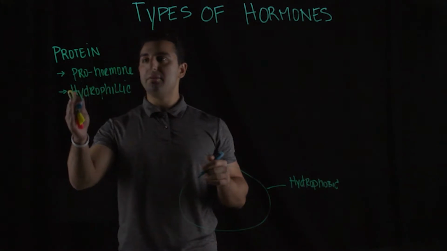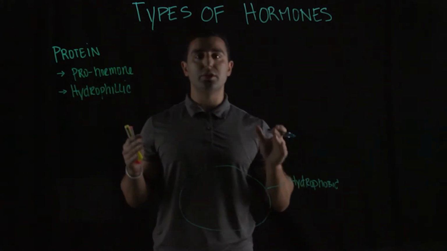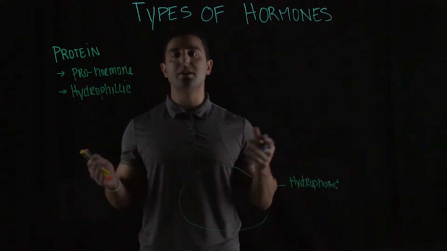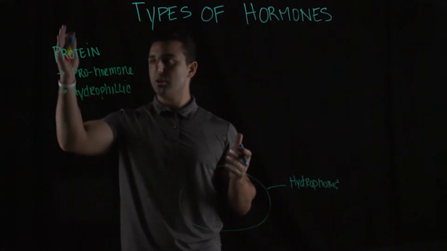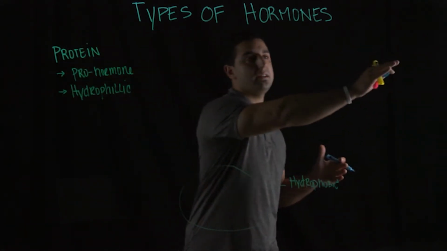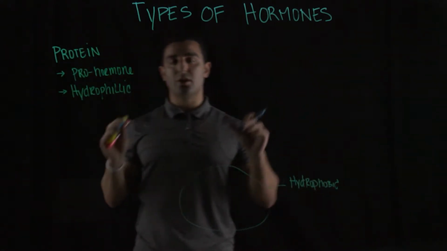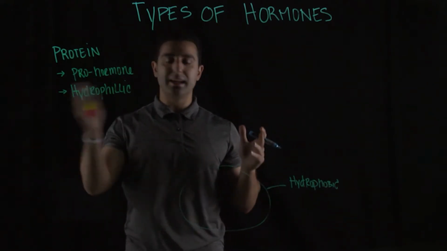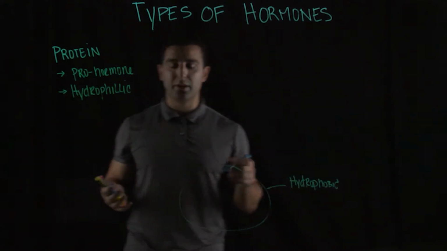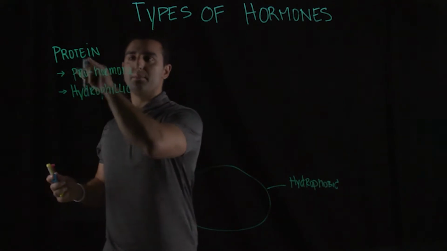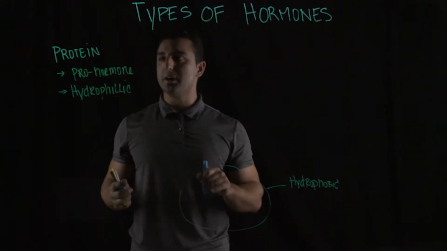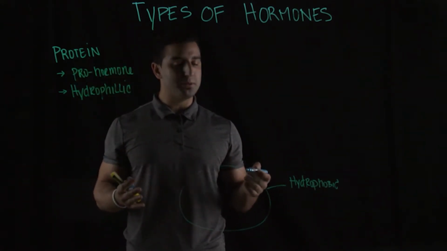So how is it that the proteins come in and create some kind of response on the actual cells? Well, every hormone, in order to trigger some kind of response, requires a receptor. The proteins, the steroids, and the tyrosine-derived hormones are all considered ligands, and these ligands need to bind to a specific type of receptor. So in order for a protein to generate a response, it needs a receptor. Where can the receptor be?